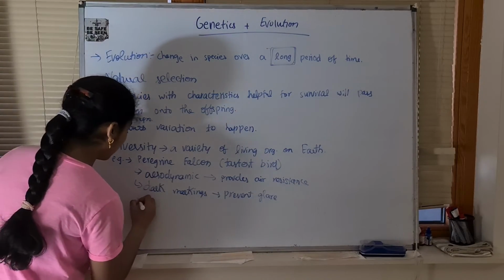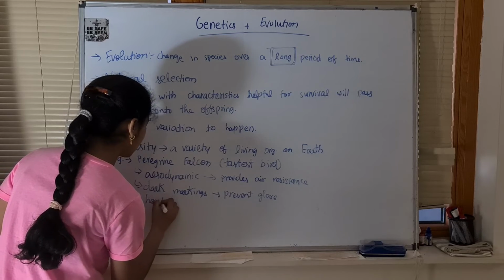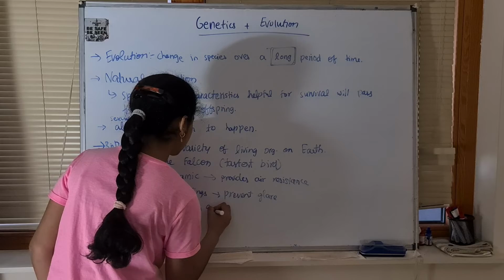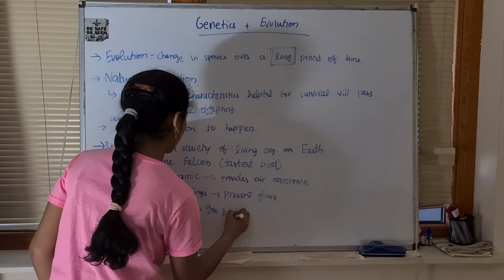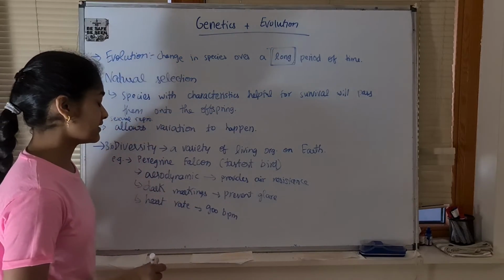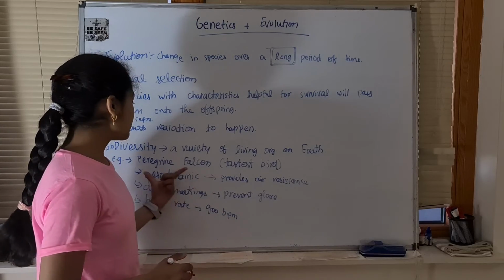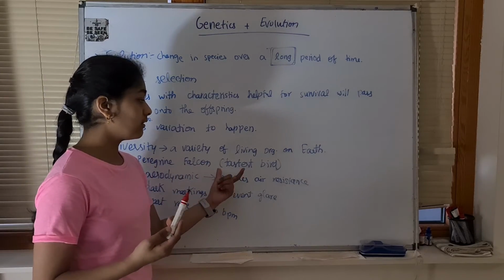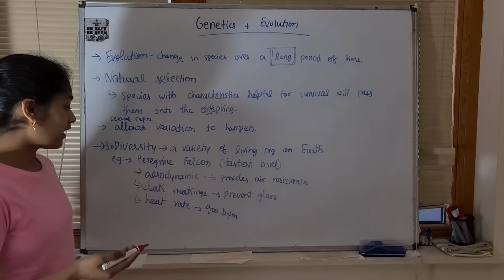Now, its heart rate reaches up to 900 beats per minute, BPM. Because of this, the peregrine falcon is able to fly in the sky at such high speed.